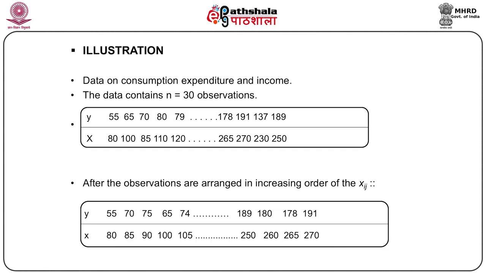Now, illustrating the Goldfeld-Quandt test using the consumption expenditure and income dataset. The following is the data on consumption expenditure and income. The data contains n equals 30 observations, which are presented in the following table. After the observations are arranged in increasing order of xi's, the dataset looks like the following table.